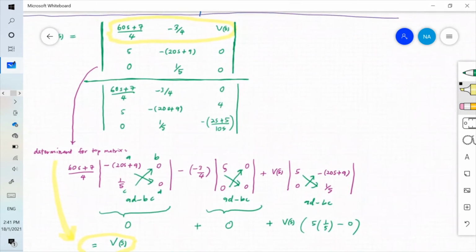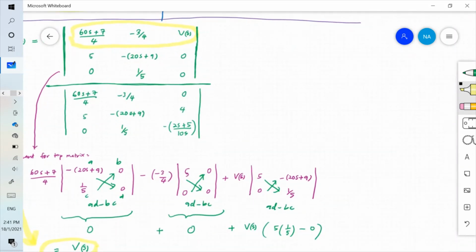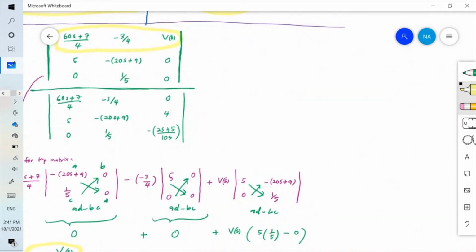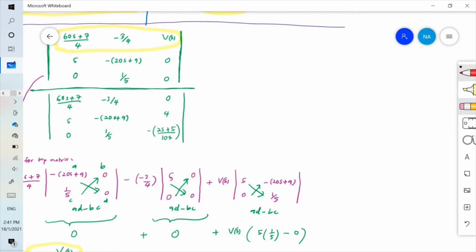Okay, so next one, we want to find the determinant for the original matrix. Similar method. I am also going to select the first row.